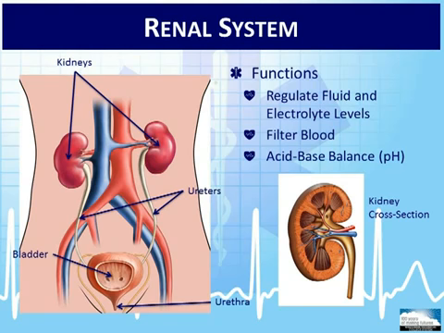These waste products are commonly a substance called urea, which is a substance responsible for giving urine its yellow color. The kidneys are also responsible for removing other toxins, including drug metabolites, which is why individuals on certain prescription medications must have their kidney function monitored routinely to ensure the kidneys are not being damaged by the medication.